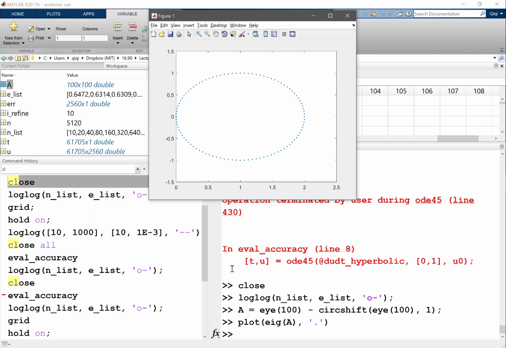And then times minus u, which means the whole spectrum of eigenvalues is rotated by 180 degrees, because this is complex space. Putting a minus is rotating the whole thing by 180 degrees. And also times 10, u is equal to 10, so it's blown up again by a factor of 10.